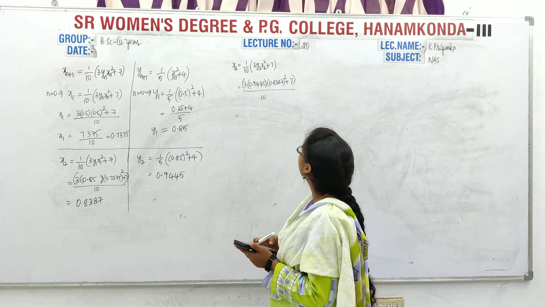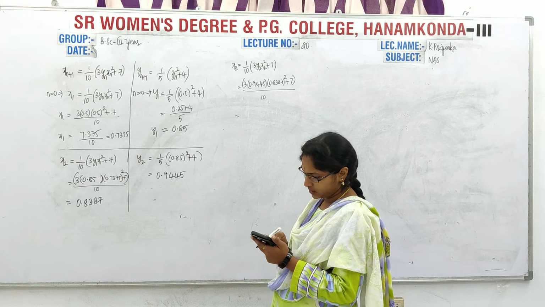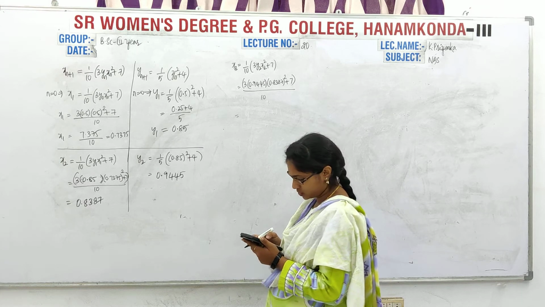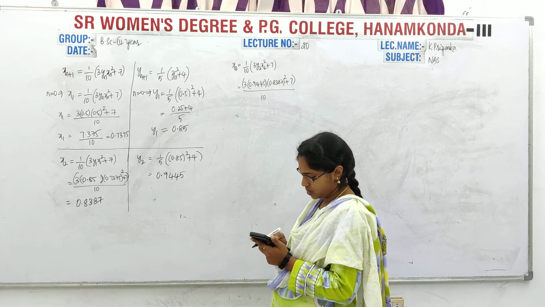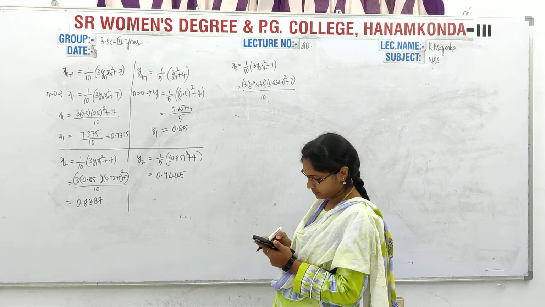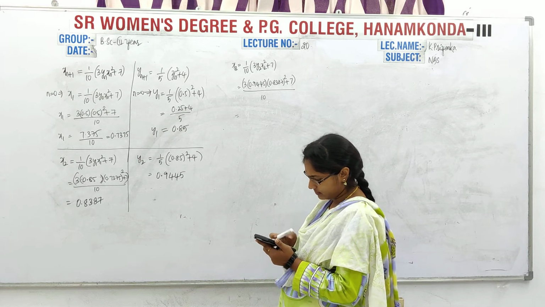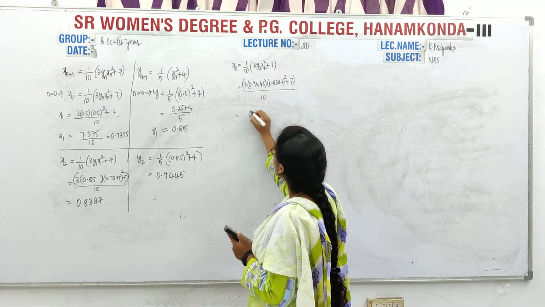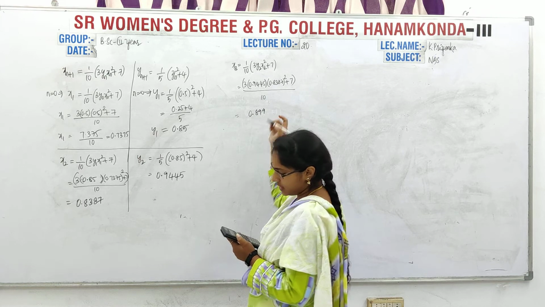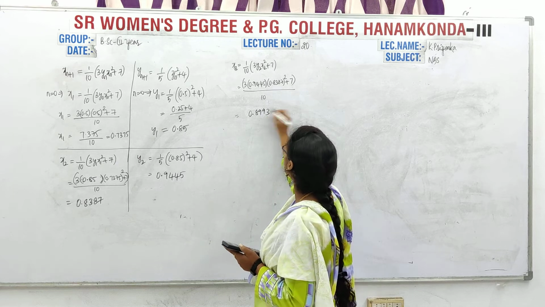Okay, 0.9445 into 3, into open bracket 0.8387 whole square plus 7 divided by 10. So I have that the value is 0.8993134. So I am taking that simply 3.